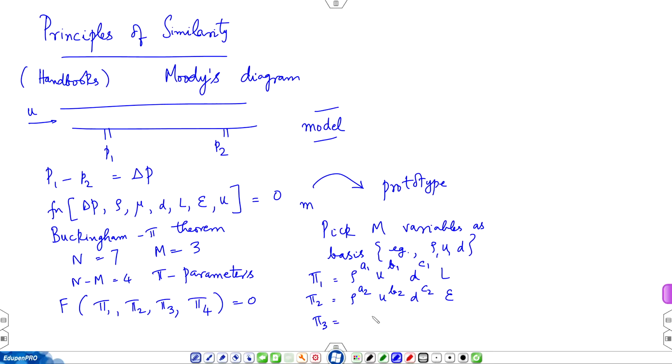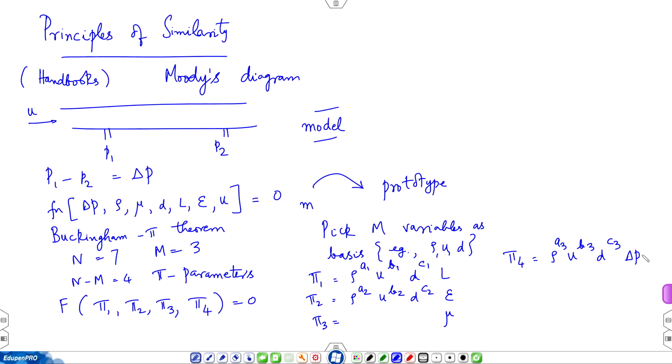Pi 3 will be the same thing, and you put mu, and pi 4 will be the same thing, rho raised to a 3, u raised to b 3, d raised to c 3, delta p.